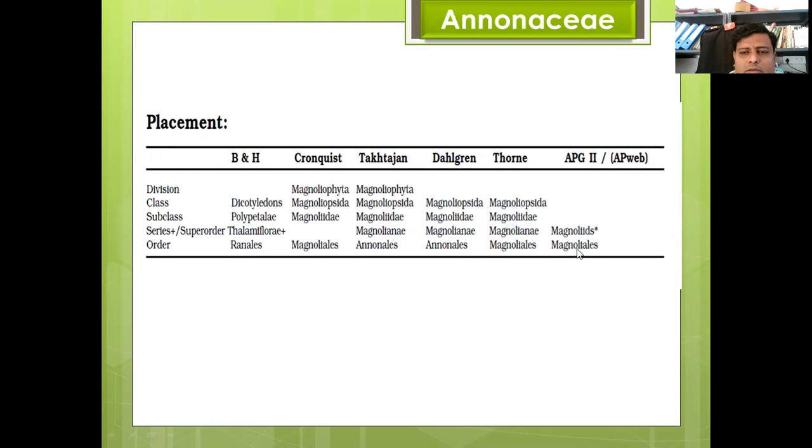It is divided into a series of suborders known as Magnolids and order Magnoliales.